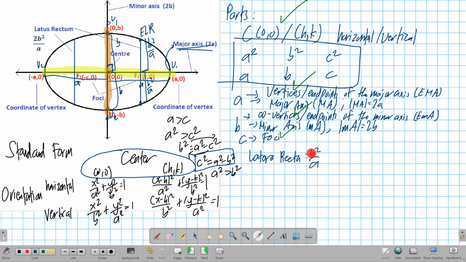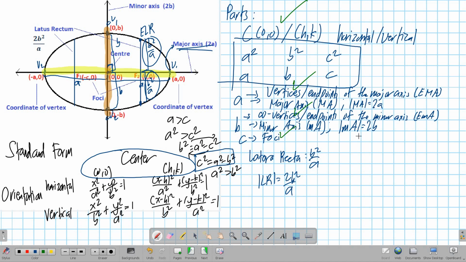So it depends on the orientation of the ellipse on which coordinate we add b squared over a to the coordinates of the focus. This will then tell us that the length of the latus rectum would be 2b squared over a, because that's one b squared over a and another b squared over a.